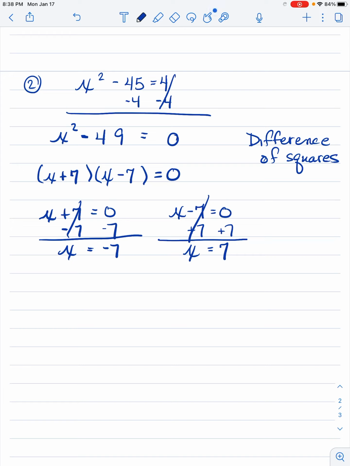So whenever we have the difference of squares, our solution set is going to be the same absolute value. One will be positive and one will be negative. And those are 2 examples of factoring to solve quadratic equations.